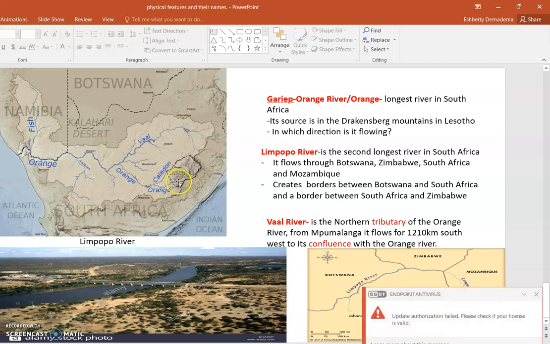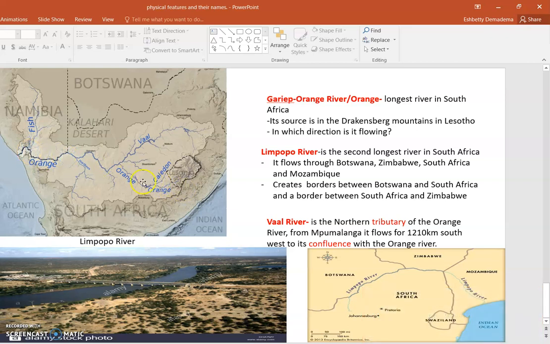It starts here around the Drakensberg Mountains, and then it flows right through to the other side. So it almost starts on the one side of South Africa and flows through right up to the other side of South Africa and into the Atlantic Ocean.